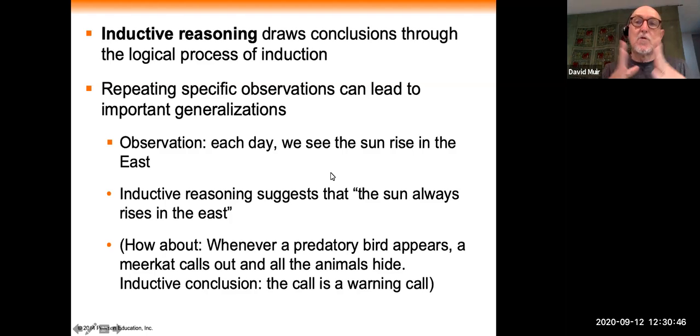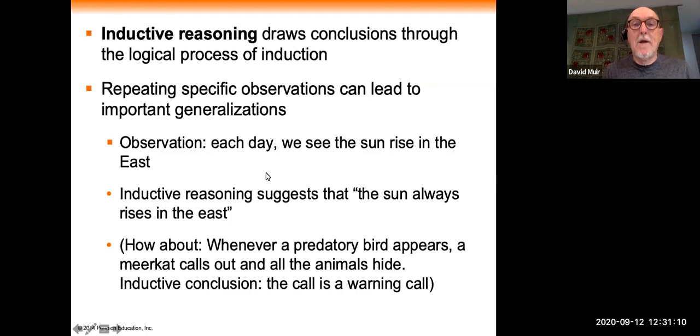Inductive reasoning draws conclusions simply by putting a logical endpoint on a series of observations. That is called induction. If you repeat specific observations and get certain results, you can make generalizations about them, which are very probably true if you've done enough observations.